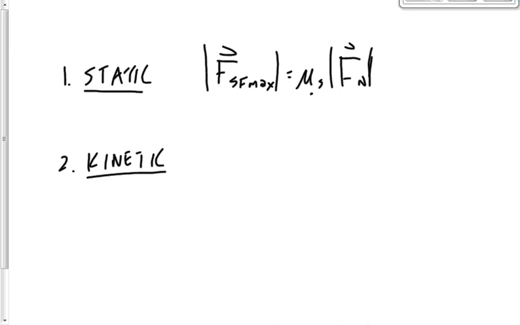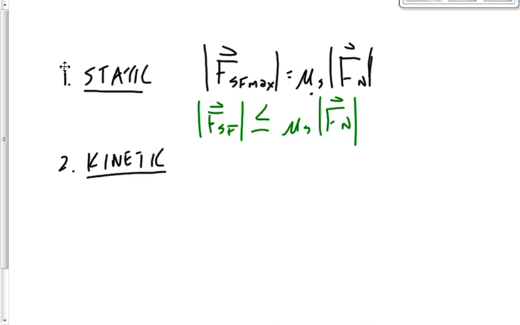But the actual value for static friction, not the maximum possible value, but the value that you actually have, isn't necessarily that value. It's either less than or equal to that value. So, for instance, if I multiplied these two numbers together and got a value of 50, then the actual value of static friction would be less than or equal to 50.